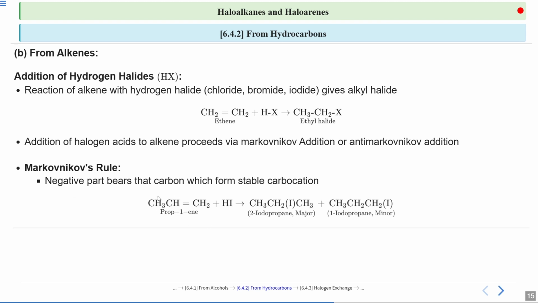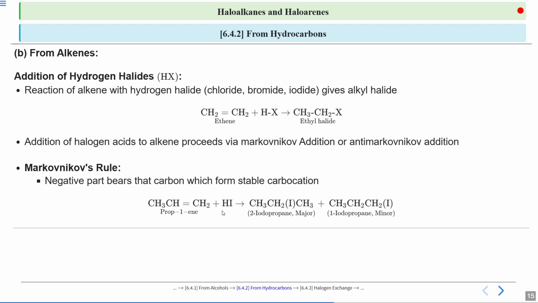For example, you have prop-1-ene, right? The double bond is at the first carbon and it is an alkene having 3 carbons. When you react it with hydrogen iodide, which is a hydrogen halide, according to the Markovnikov rule this negative part, that is I negative, will go to the carbon which forms the stable carbocation or the carbon which has the lesser number of hydrogens.